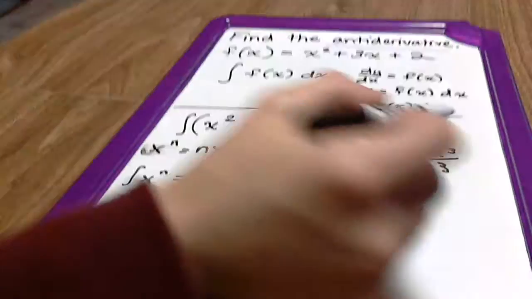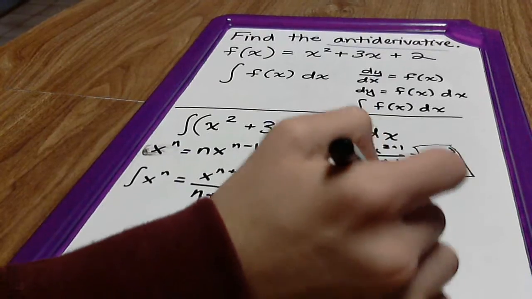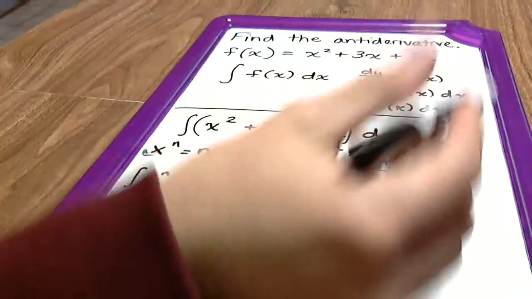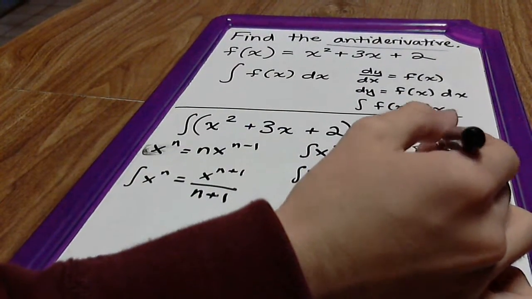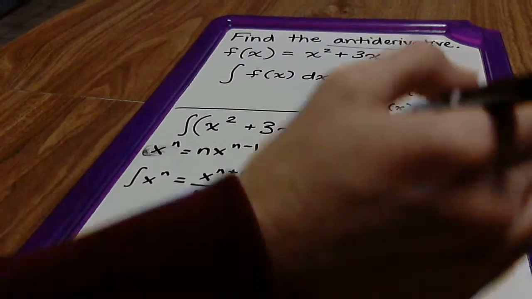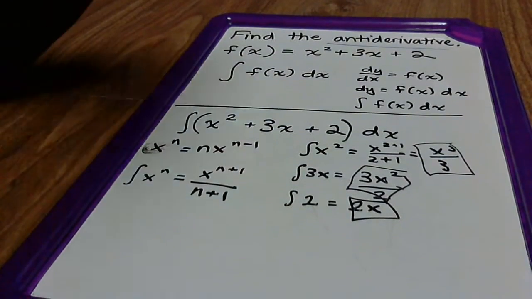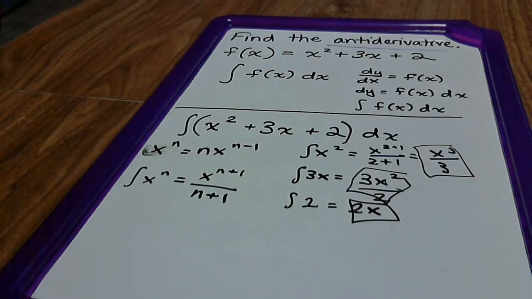So if you were to differentiate these, you would go back to where you started: the derivative of x cubed over 3 would be x squared, 3x squared over 2 would give you 3x, 2x would give you 2. So this time we're going backwards.